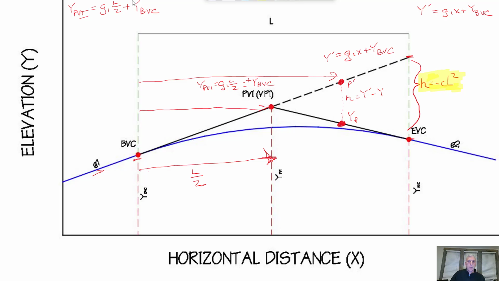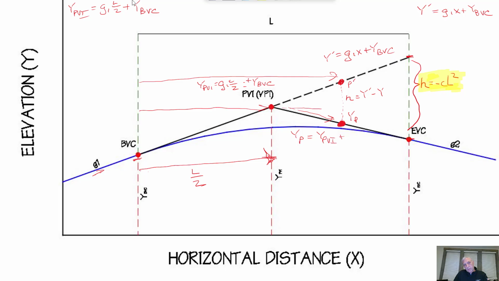Okay, well that's pretty easy. It's a point on a line. We just use the point slope formula, good old point slope formula. So how do we get down to our YP here? How do we get down here from the PVI to here? Well, if we consider the point PVI as our starting point, then the elevation of YP here would be the elevation of the PVI plus this distance.